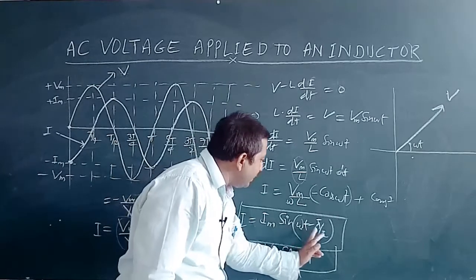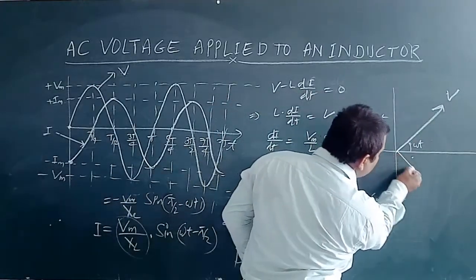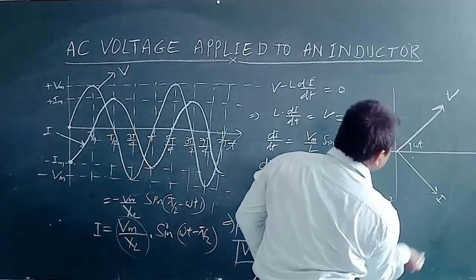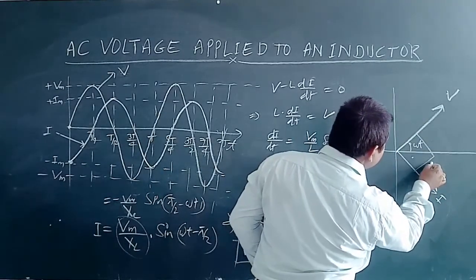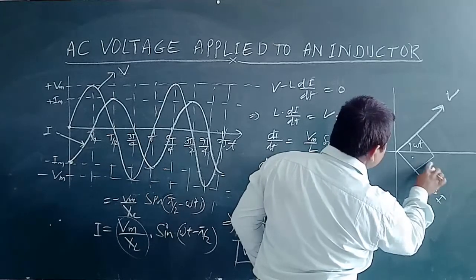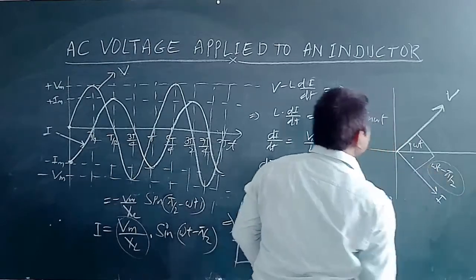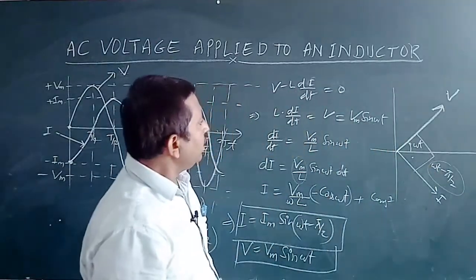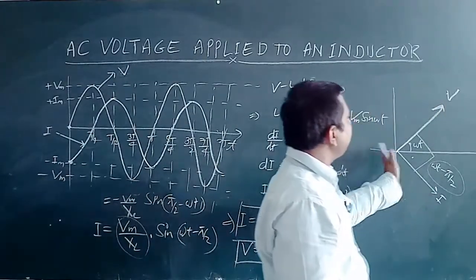This is omega t minus pi by 2. So the direction of the current will be along this direction. So this represents the current because this angle is omega t minus pi by 2. Okay, so this is the representation of voltage and current on the phasor diagram.